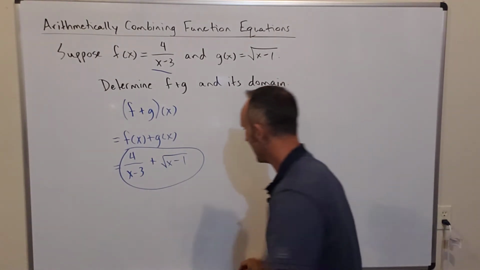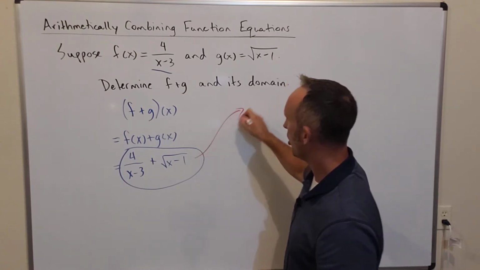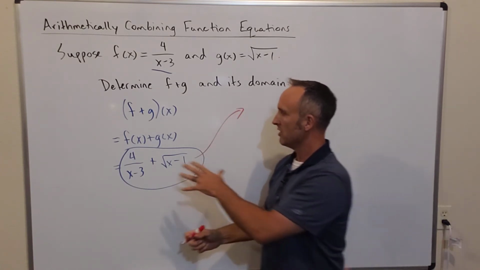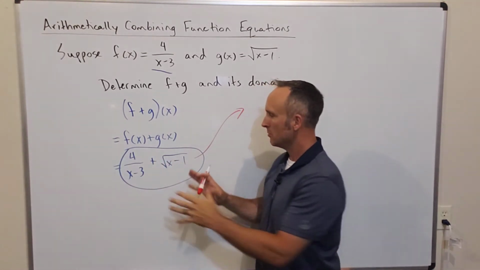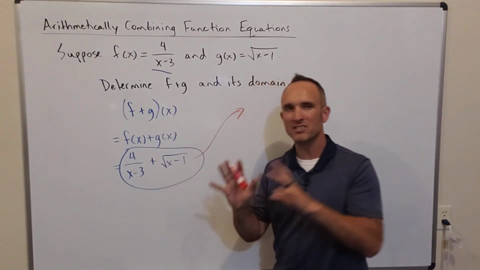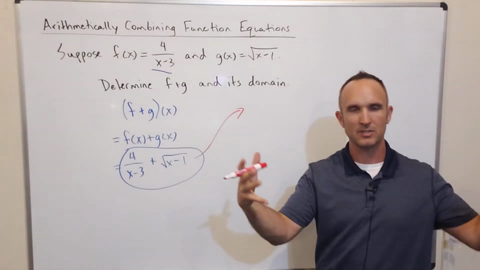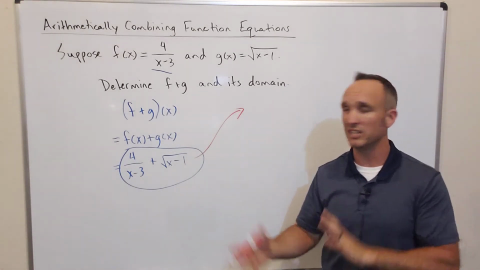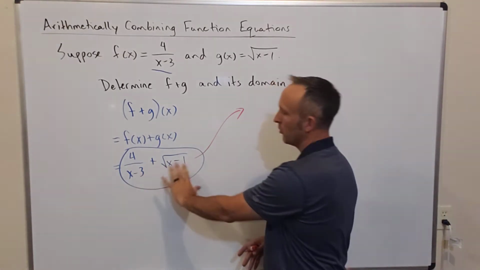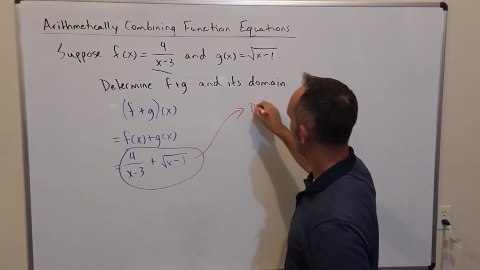Now, when we find the domain of this, you always want to use the form before it's simplified, because before you simplify, you can see all of the critical areas of the function. Sometimes when you simplify, some of those critical areas disappear, and we'll see that later on. But here, we didn't need to simplify anyway, so we're going to find our domain right there.